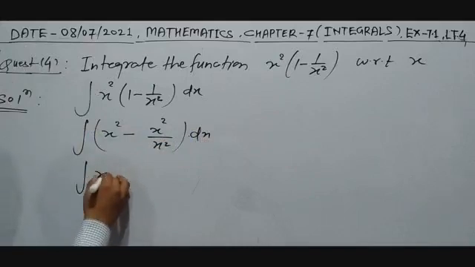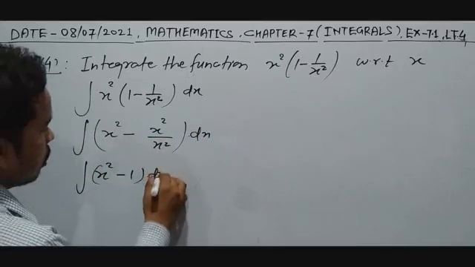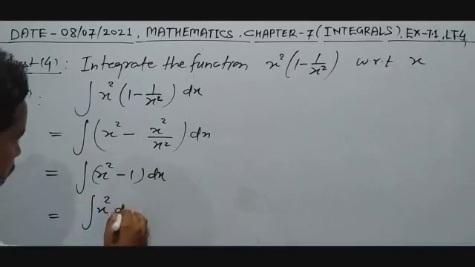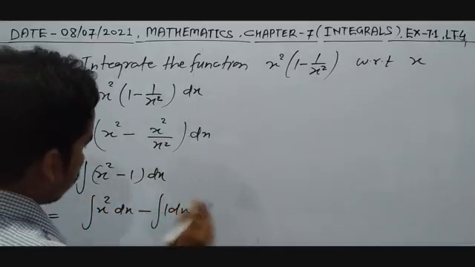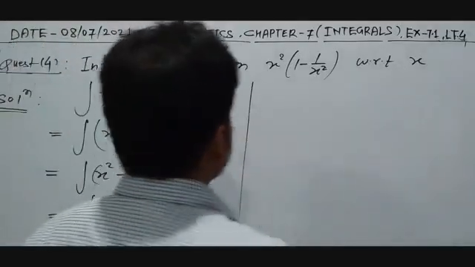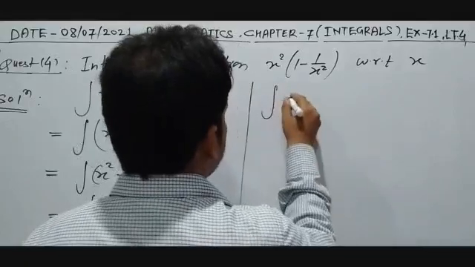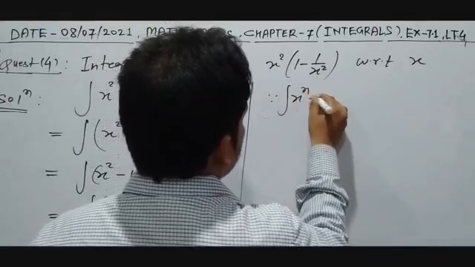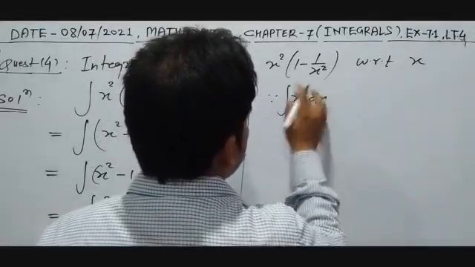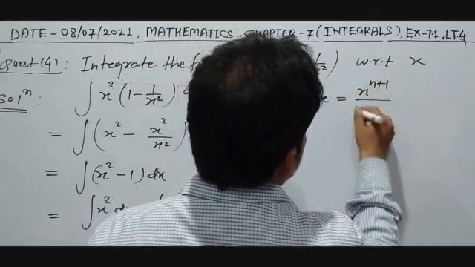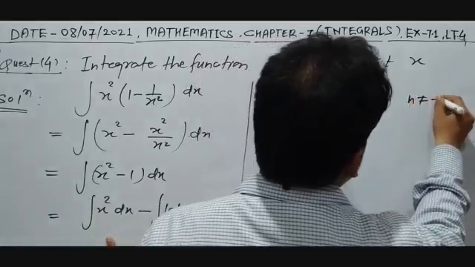Multiply: x square minus x square upon x square dx, and the result will be x square minus 1 dx, and separate it. So the result is the integration of x square minus the integration of 1 dx, and you know the formula: the integration of x to the power n dx is x to the power n plus 1 whole upon n plus 1, where n is not equal to minus 1.